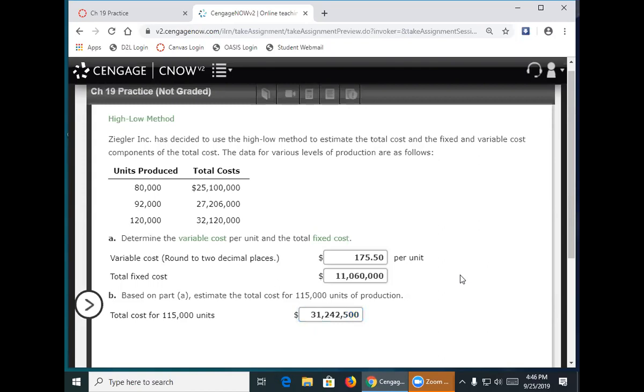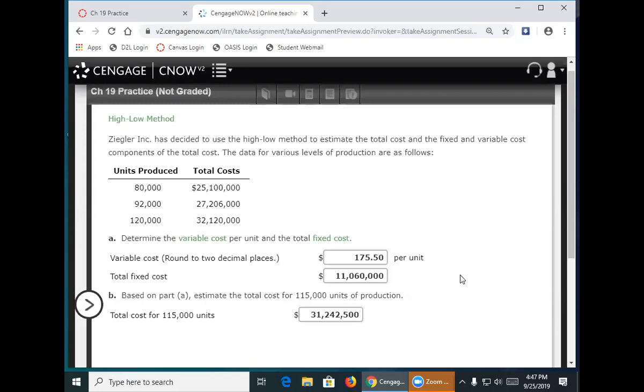Any questions on that one? It's a lot of steps, right? But as long as you remember how to apply the formula, it's just stepping through the steps. Okay, so if you just follow what we just did, it's not too bad.